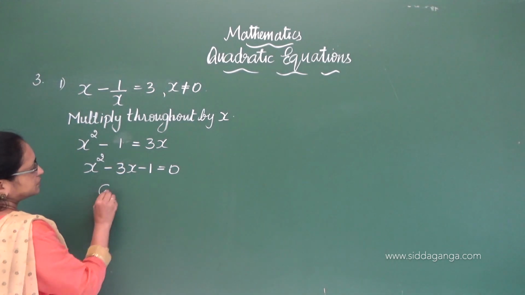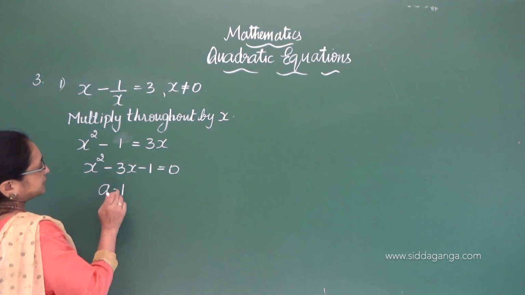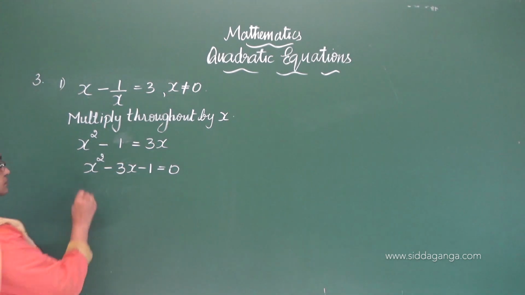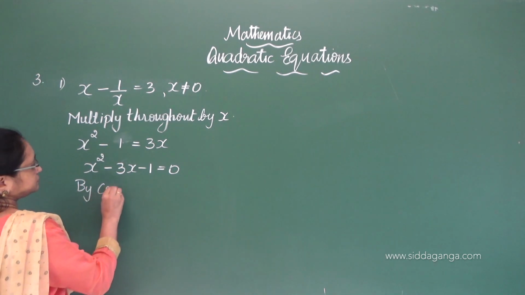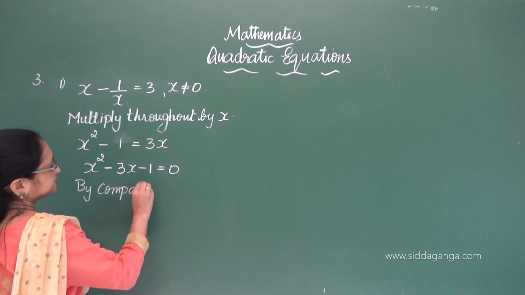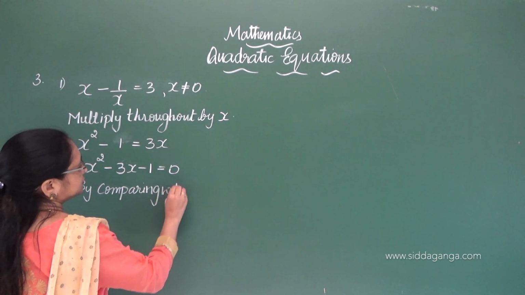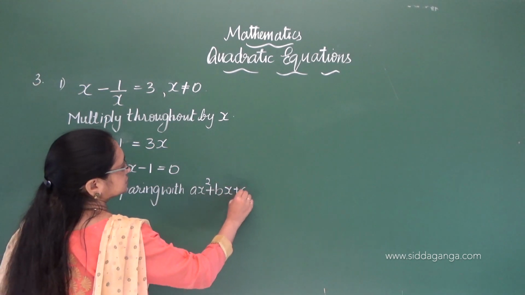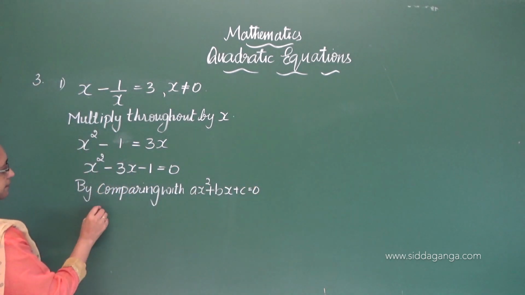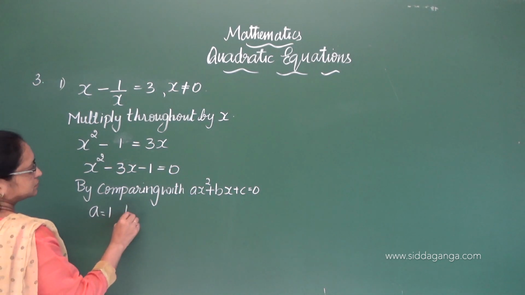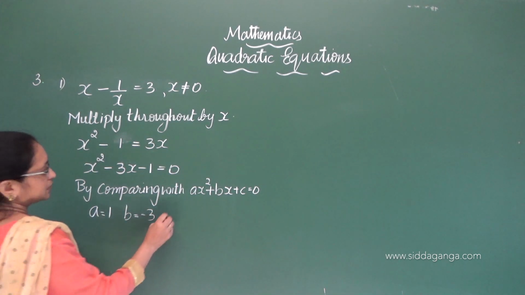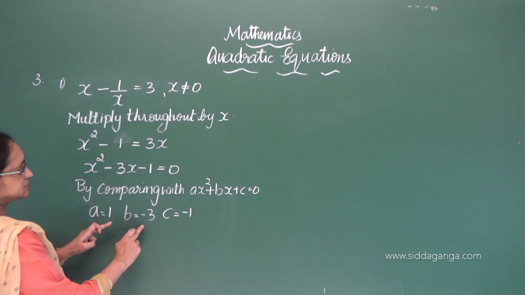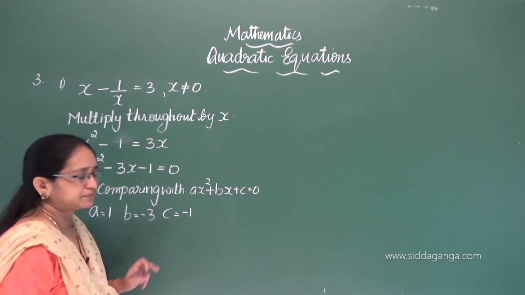So let us write that, by comparing with ax square plus bx plus c is equal to 0. So by comparing, a is equal to 1, b is equal to minus 3 and c is equal to minus 1.